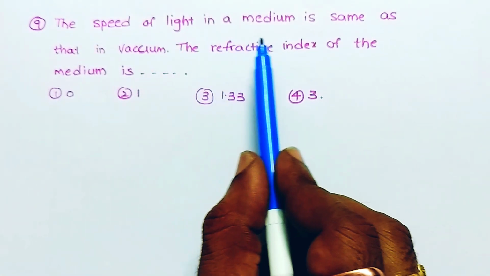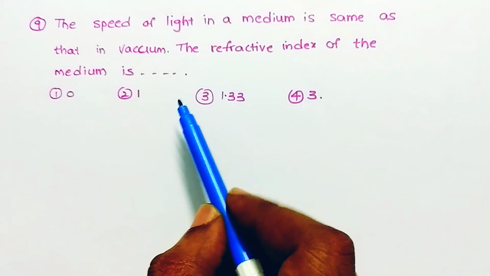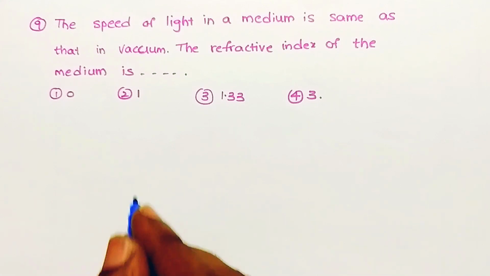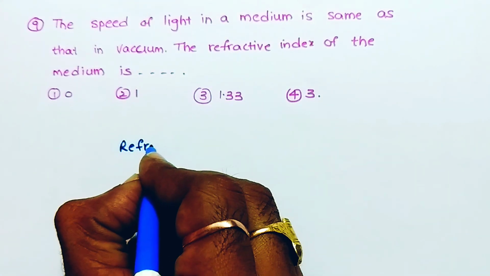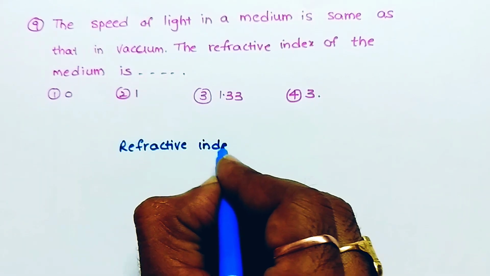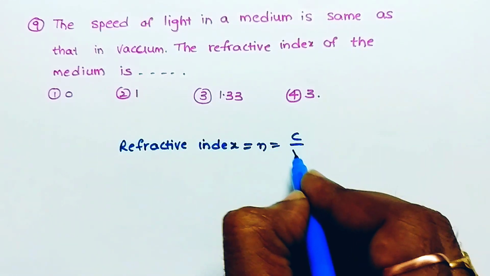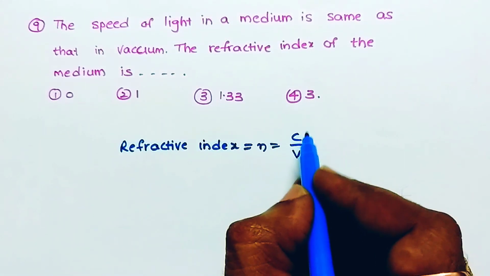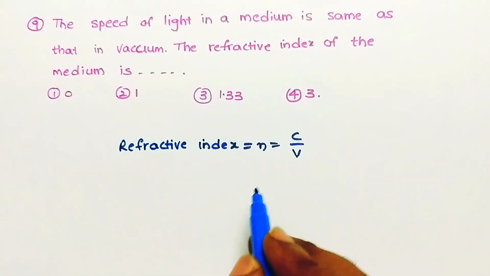The speed of light in a medium is same as that in vacuum. The refractive index of the medium is? So here we have to write the formula of refractive index, that is n is equal to c by v. That means c, the speed of light in vacuum, divided by v, the speed of light in medium.